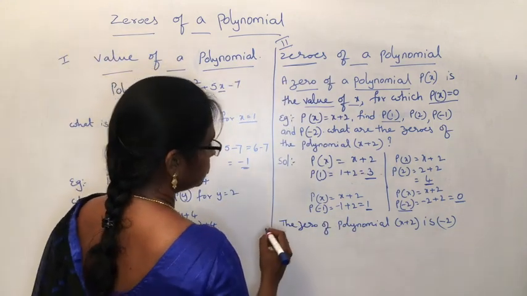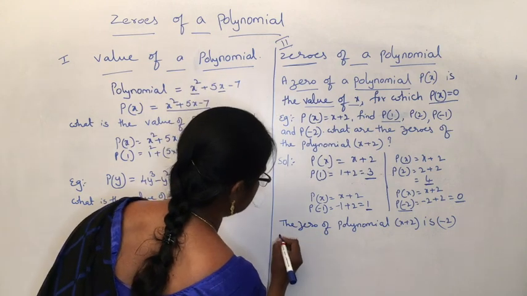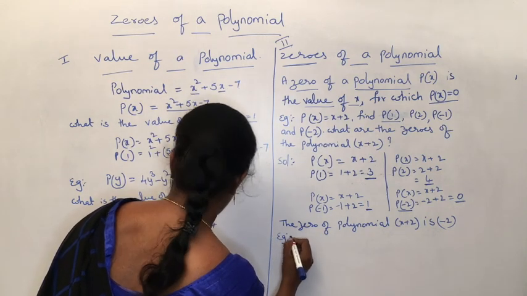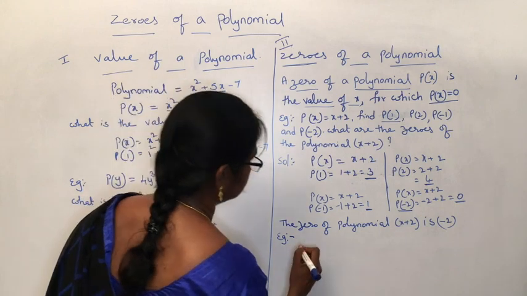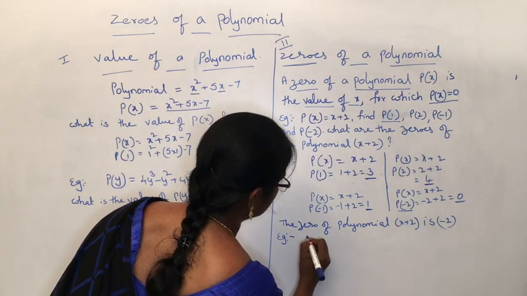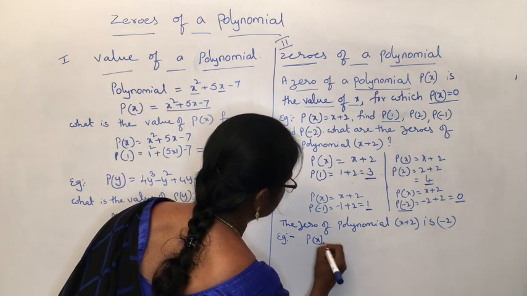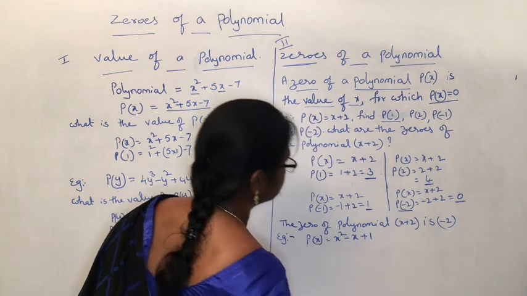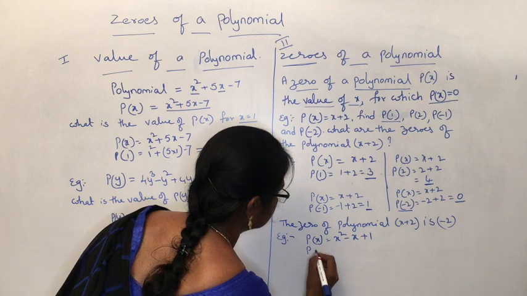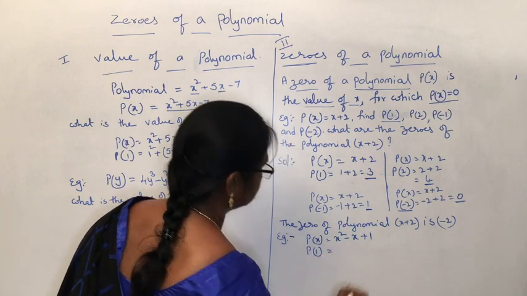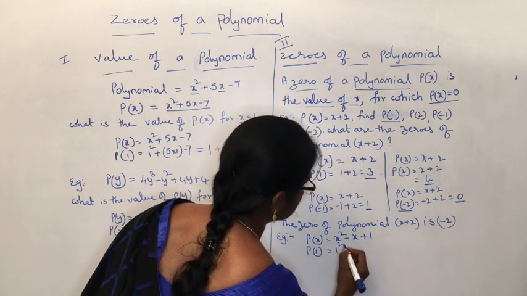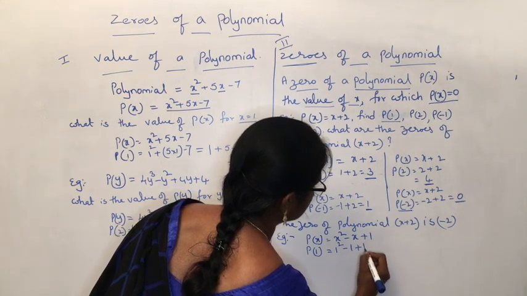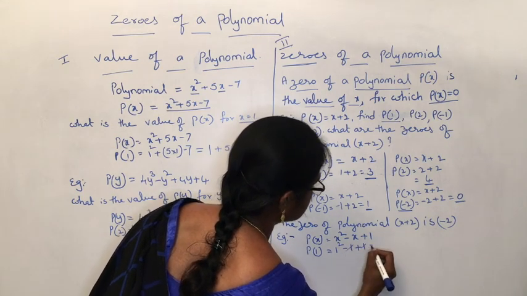Now, another example: x square minus x plus 1. Suppose p of 1 is 1 square minus 1 plus 1. Minus 1 and plus 1 cancel, then we get 1.